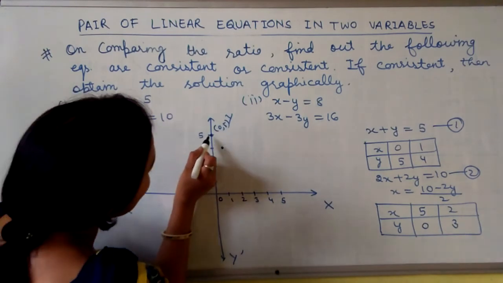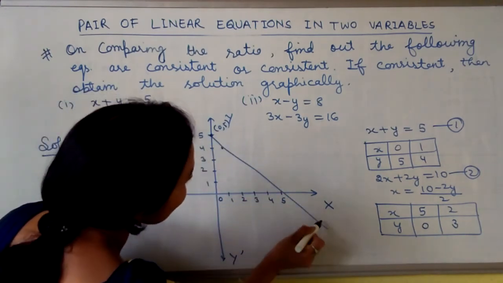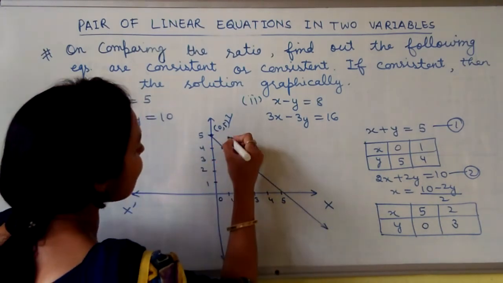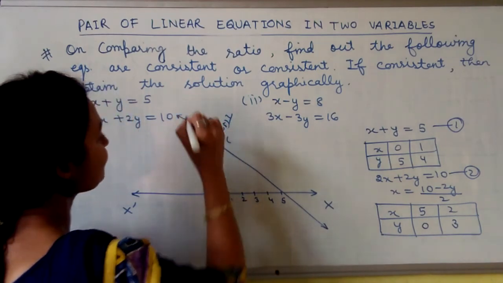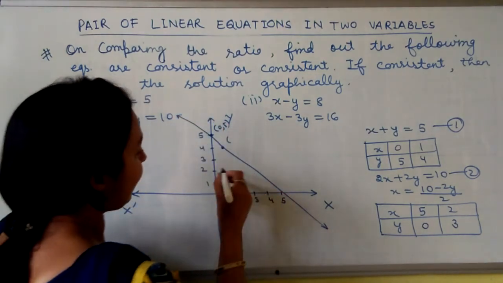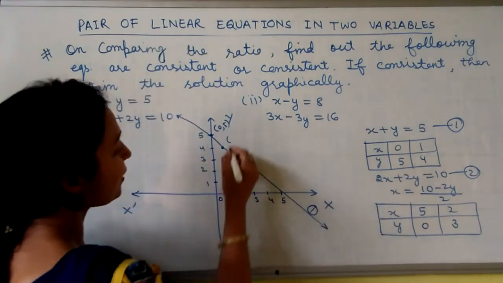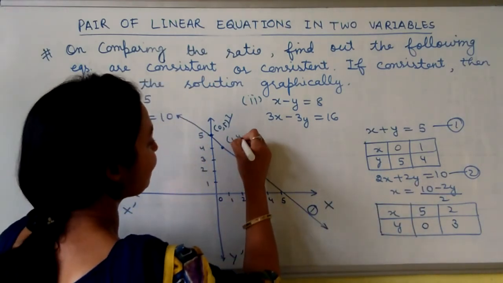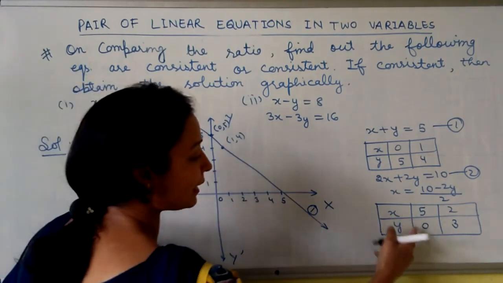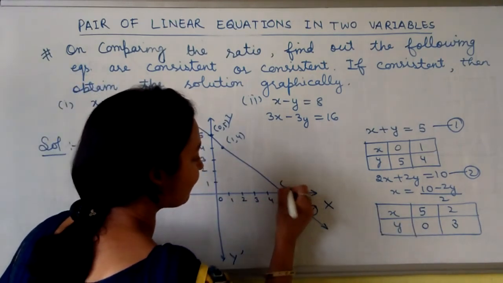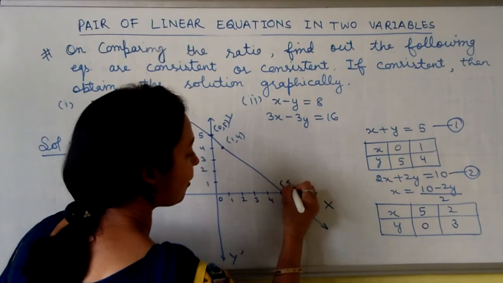This line is equation number 1. Write the points (1, 4). Now come to the second equation: (0, 5) and (5, 0).